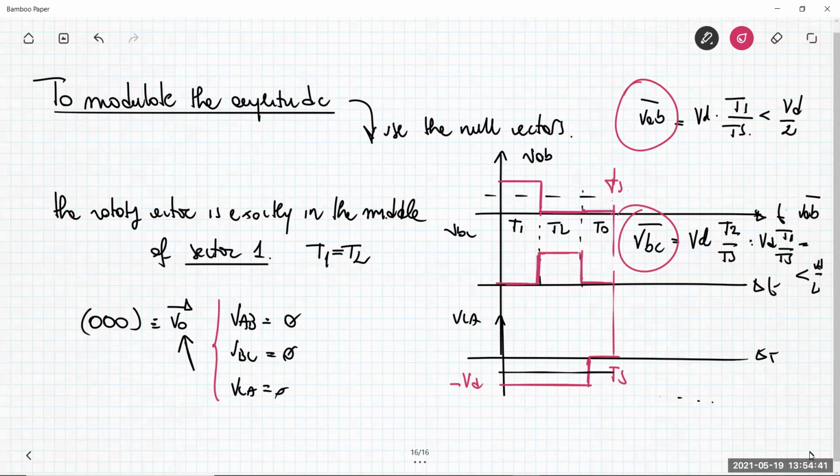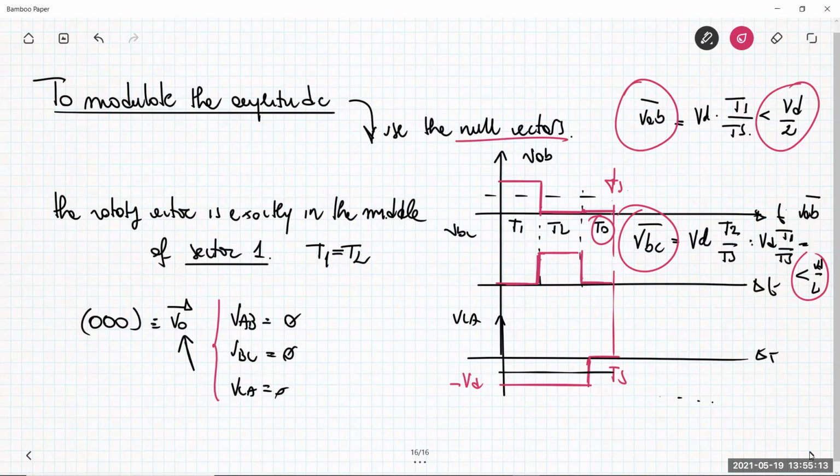So I'm again in between the sectors, in sector 1, because VAB and VBC are equal just for an angle that is in between sector 1. But the amplitude is not the same as before. Depending on the value of T0, I can modulate the amplitude, the magnitude of this average value. So the null vectors are added as another possibility to modulate the amplitude without changing the direction.